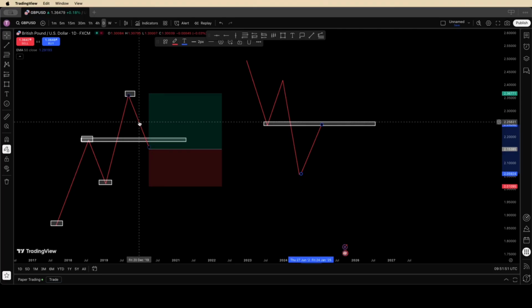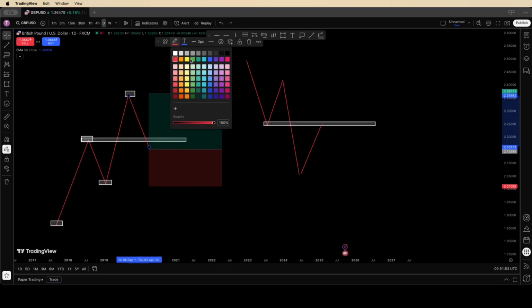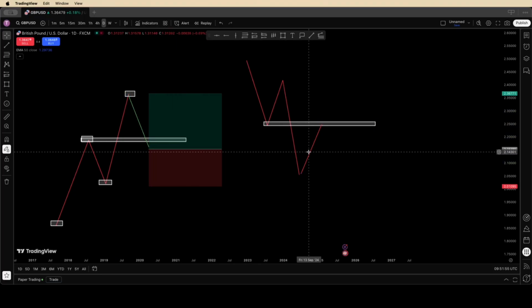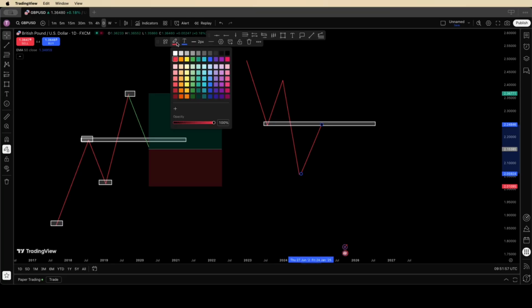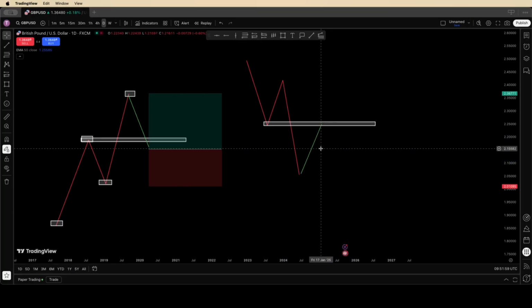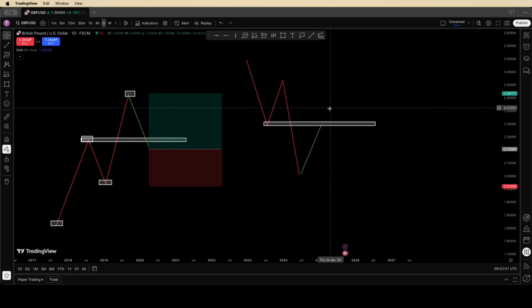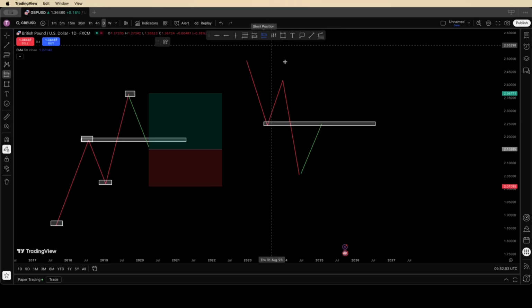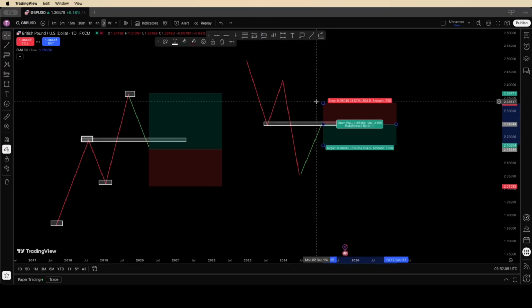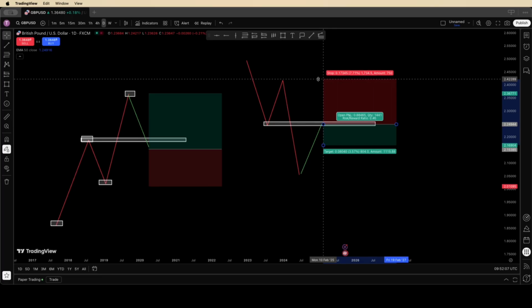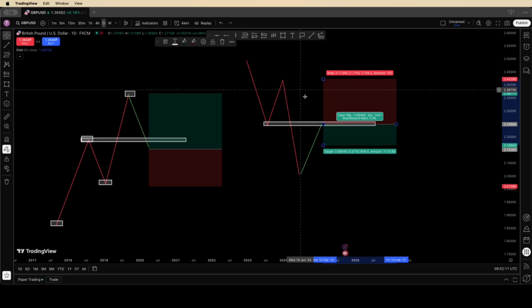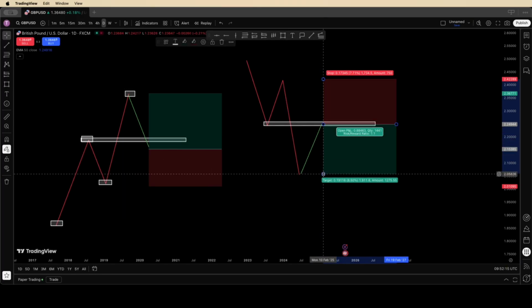So let me just change this color to green, and then this one to green. So when it comes back here, you can take a short position. Your stop loss is above your previous high, the lower high, and then your take profit is at its lower low.